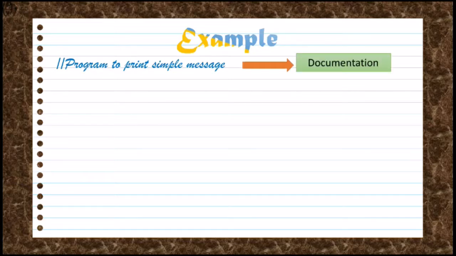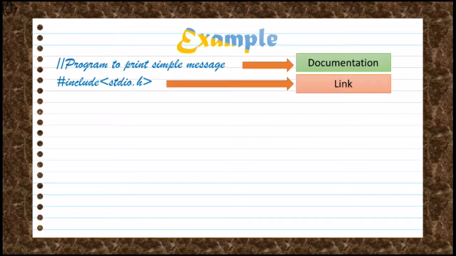So this comes under the documentation section. Next one, hash include, then less than symbol, stdio.h, and then greater than symbol. So these come under the link section. Basically we are including the header file, that is stdio.h, in the link section. Why we have included this, we will see later.